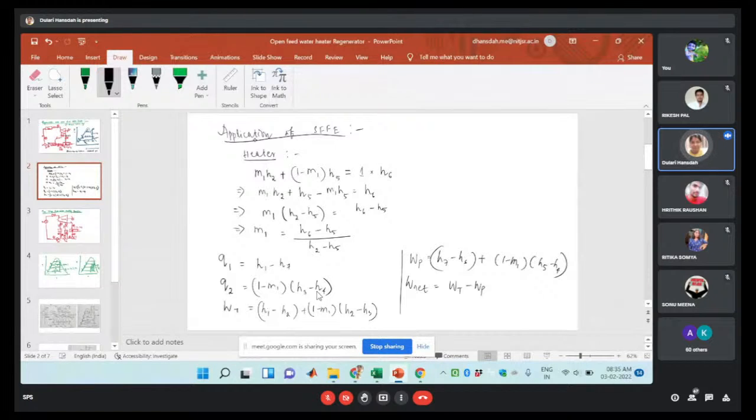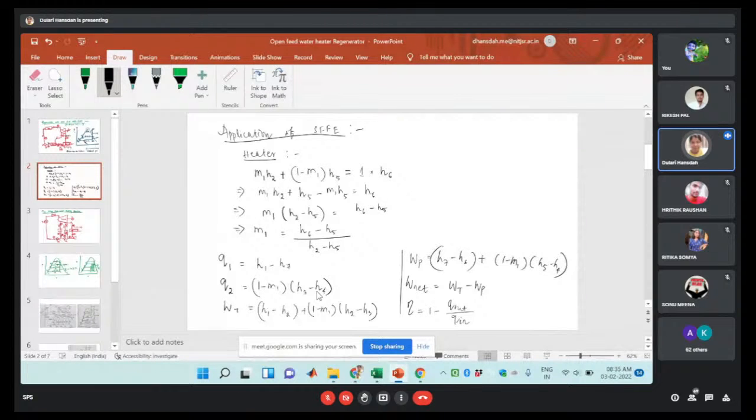Then we can write down the efficiency of the cycle, that is 1 minus Q out upon Q in. So Q out means Q2, and Q in means Q1. From this relation we can get the efficiency of the regenerative cycle. In the regenerative cycle, we are reducing the heat consumption.